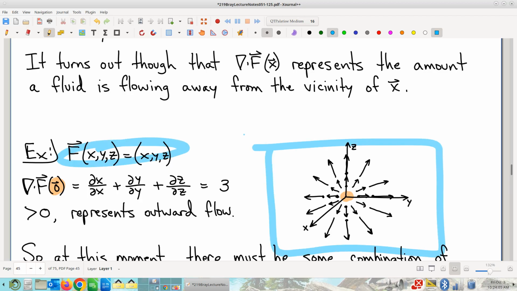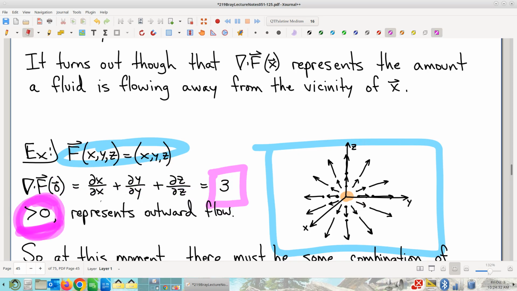I'm going to compute the divergence of that vector field at the origin. And it's an easy calculation, of course. Here's that calculation, easy partial derivatives, nothing to it. Make sure you can do that. Make sure you can see where those partials came from, straight out of the definition we just wrote down. And notice the divergence is 3. More to the point, the divergence is positive.